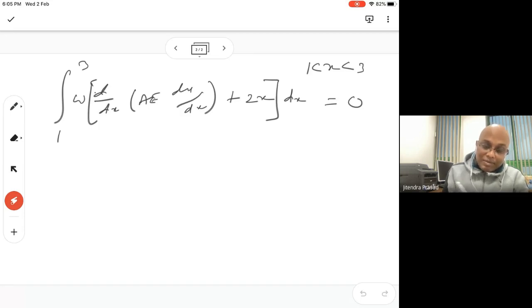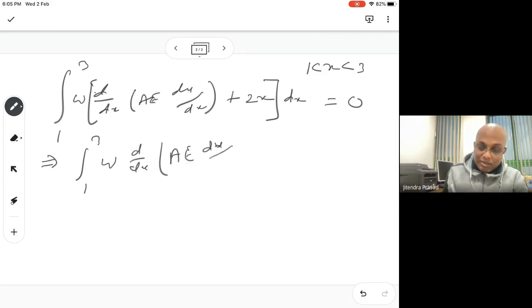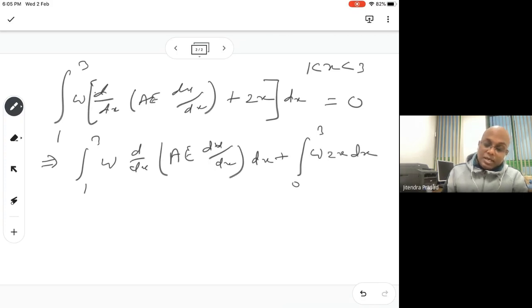Now, given this, we can first expand it: integral from 1 to 3 of w d over dx of (A E du over dx) plus integral from 1 to 3 of w 2x dx, equal to 0. Or we write integration by parts now.